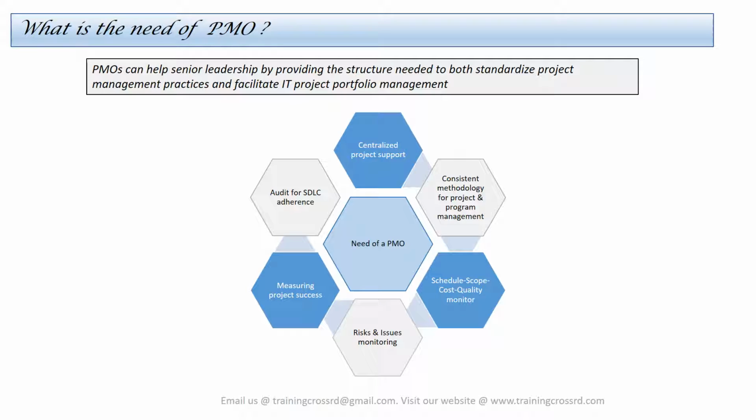Do you measure the success of the project in terms of whether it was on time, whether it adhered to the schedule, cost, scope? Are you auditing the work which the project managers are doing? If not, then I would seriously recommend the need of having a project management office to bring the discipline into the project management practices.